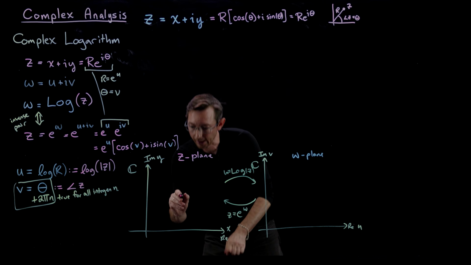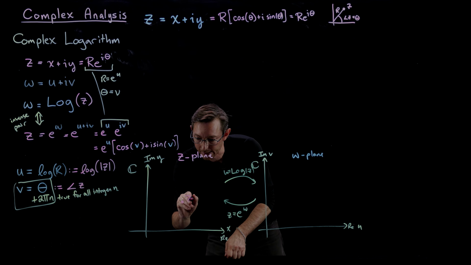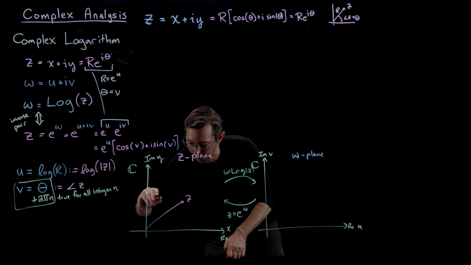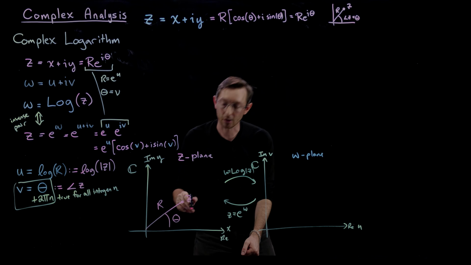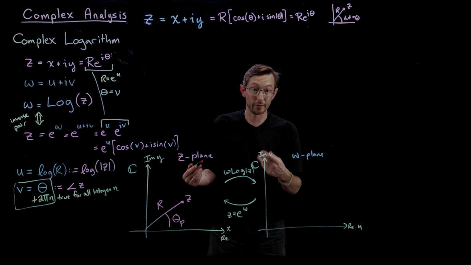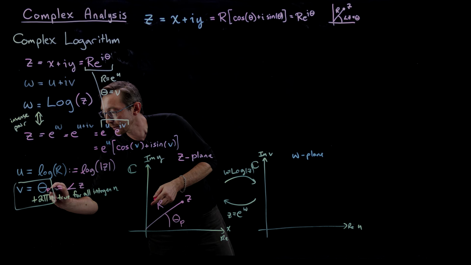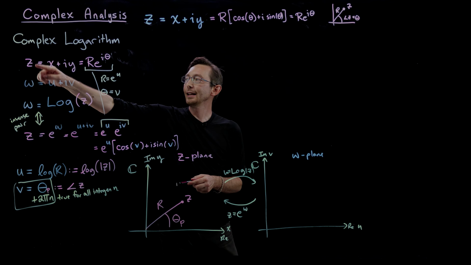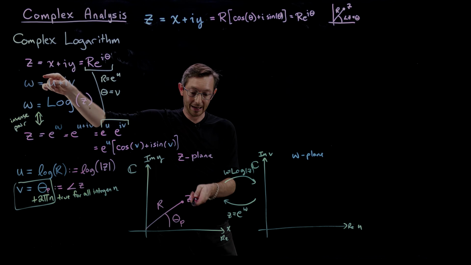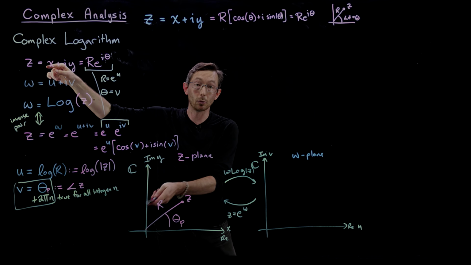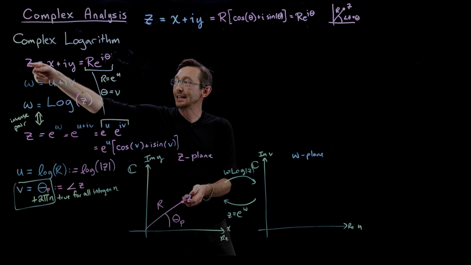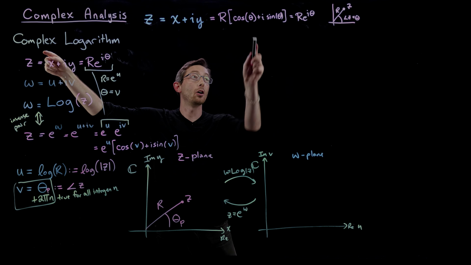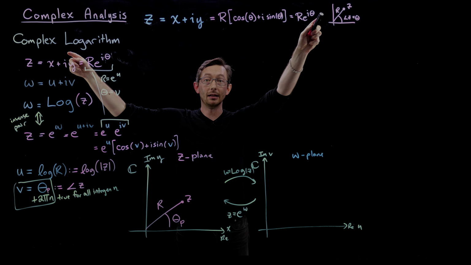So in the z plane, I have my z here, and this has a radius and a theta. I'm going to call this the principal theta, theta p, because for any number z that you pick, any point in this plane, any x and y, that z could be defined as r e to the i theta p.